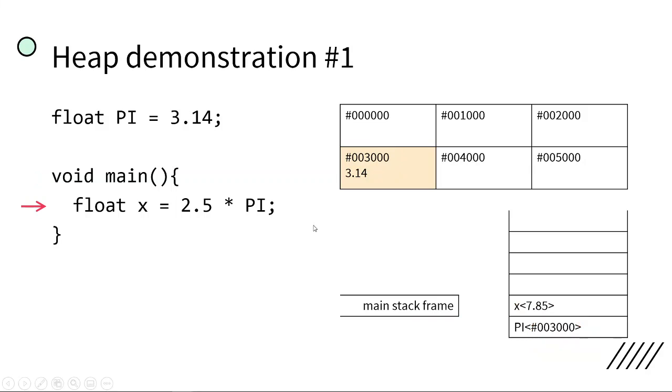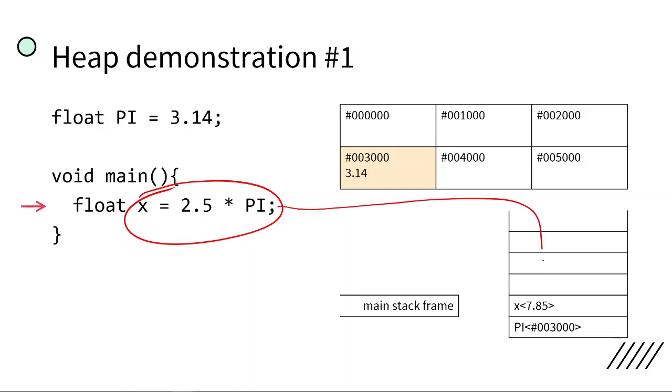For example, in main, we have x is equal to 2.5 times pi. It is pushed onto our stack, and we create the stack frame for main. Notice that pi has no stack frame, because pi is not inside a function. So again, emphasis, the variable pi is also pushed onto our stack.